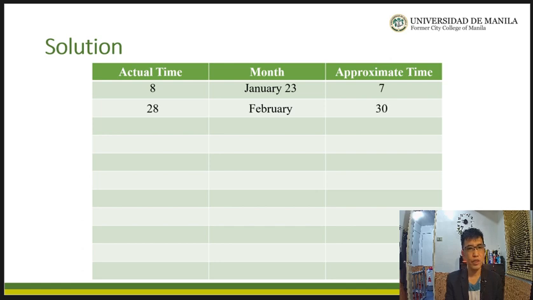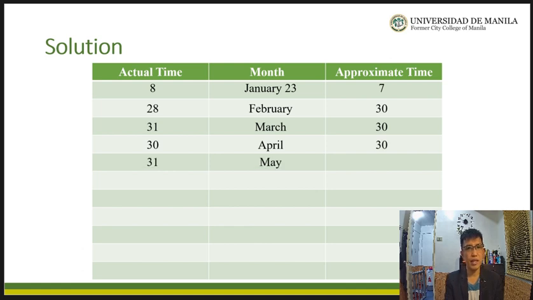And for the approximate time, it's 30. Okay? For March, we have 31 days. So that's the actual time. And for the approximate time is 30. For April, we know that in April there are 30 days. So the actual time is 30. And the approximate time is 30.